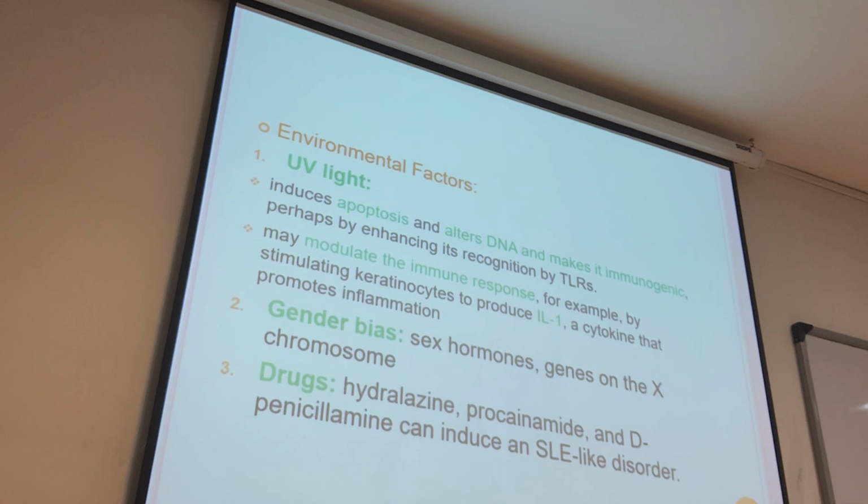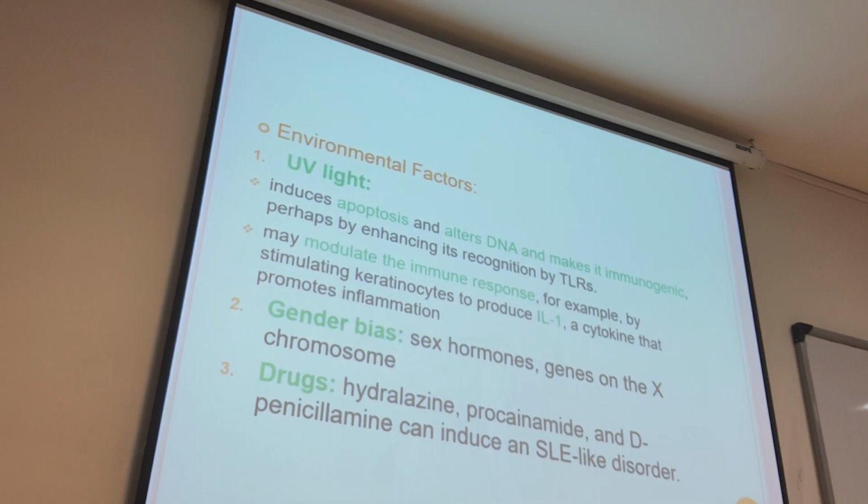Why is UV light a cause of lupus? UV has some roles in making antigens which the body reacts against. For example, UV light induces apoptosis and alters DNA and makes it immunogenic.